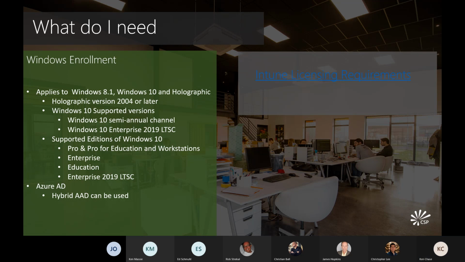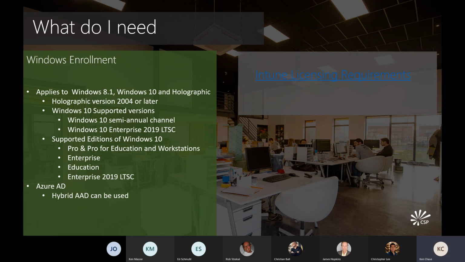All right. So what do you need, obviously, for Windows enrollment? Obviously, the biggest thing is your Intune licensing requirements. So you need to have, I believe, an E3 or E5, or one of the corresponding education or government licensing models. You can enroll Windows 8.1 devices, but what you'll find is if you enroll Windows 8.1 devices, you're limited on what you can and cannot control with Windows 8.1.